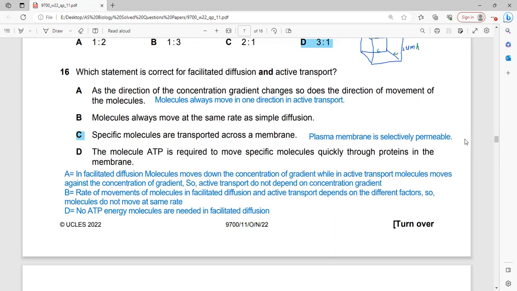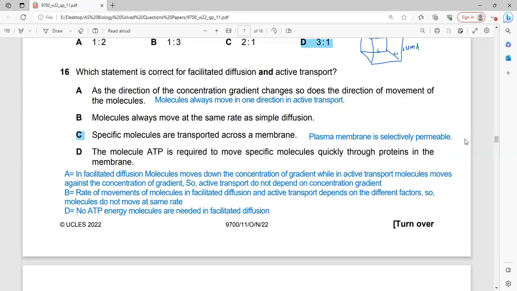Which statement is correct for facilitated diffusion and active transport? Facilitated diffusion is a kind of selective diffusion, and active transport is also a type of selective transport, because a specific molecule can move across the selectively permeable plasma membrane. But the difference is that facilitated diffusion doesn't need energy, while active transport needs ATP energy.